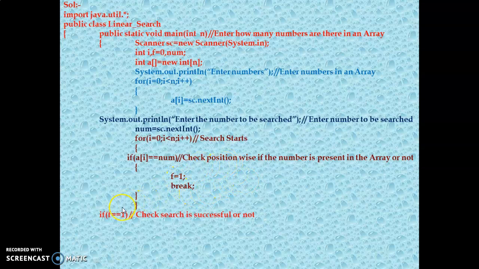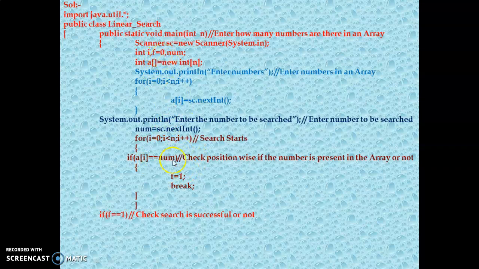Then outside of this loop, from 0 till the end we are searching for the number, and at the end, if f equal to 1, that means the search is successful. Otherwise, if it is not getting the number, if it is not matched, then f remains 0, which is its initial value.